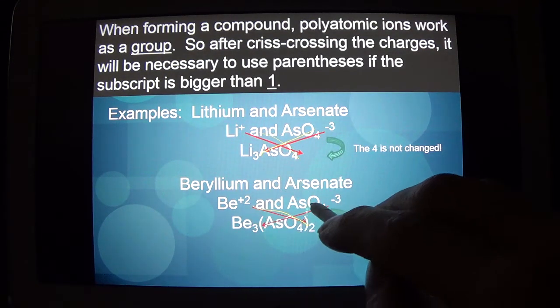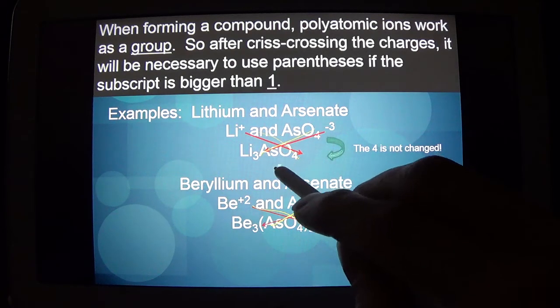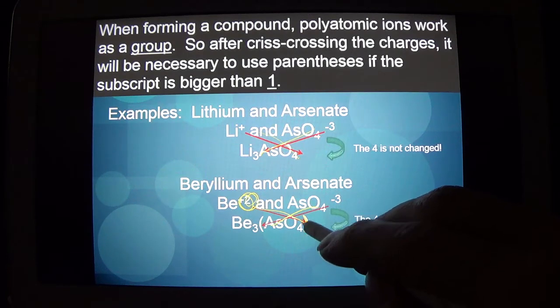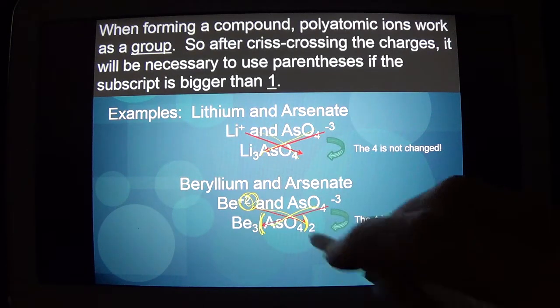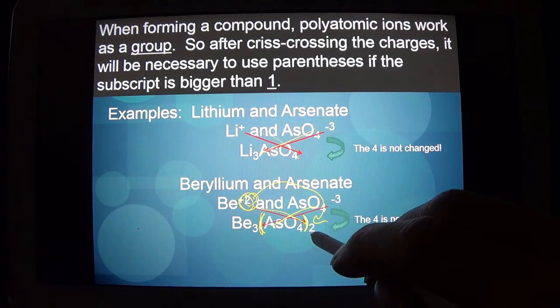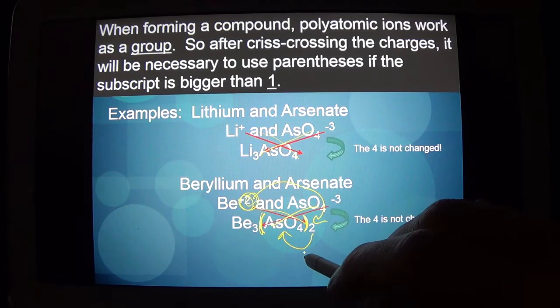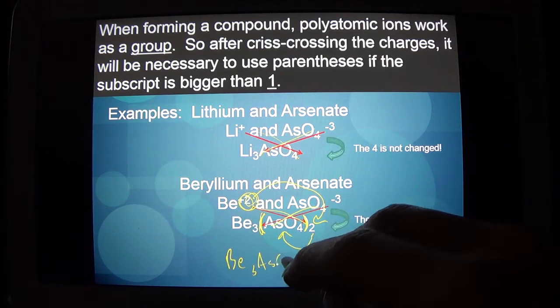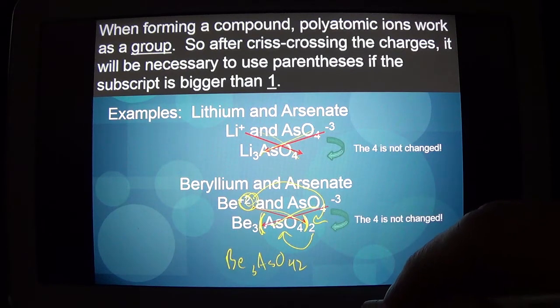But if I crisscross, and I'm going to crisscross to a polyatomic ion a number greater than 1, I need to put the polyatomic ion in parentheses before I put the number on the outside. Because that number truly does then get multiplied. I want to say I have 2 arsenate groups. If we didn't have the parentheses, check out what it looked like.